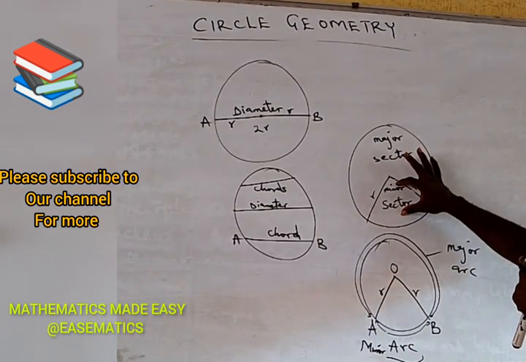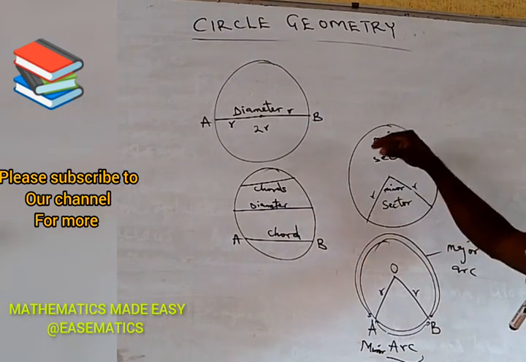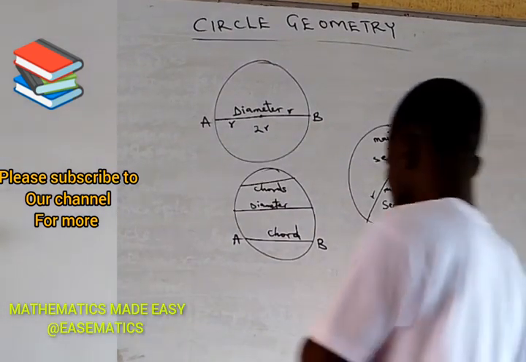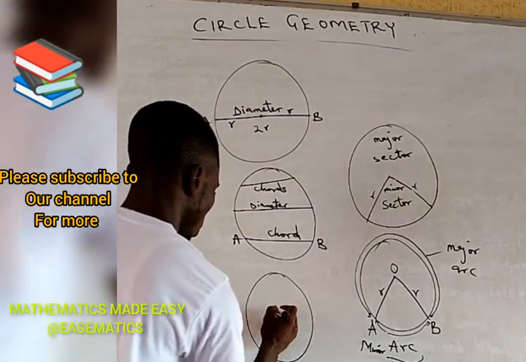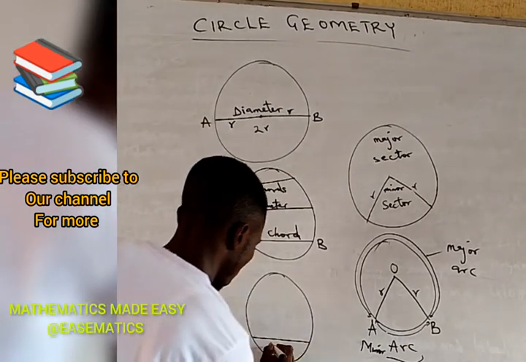The minor sector, the minor inner section, and the major inner section, which is the smaller and the bigger, as that. All right. Another part of a circle we need to know, we have the segment.